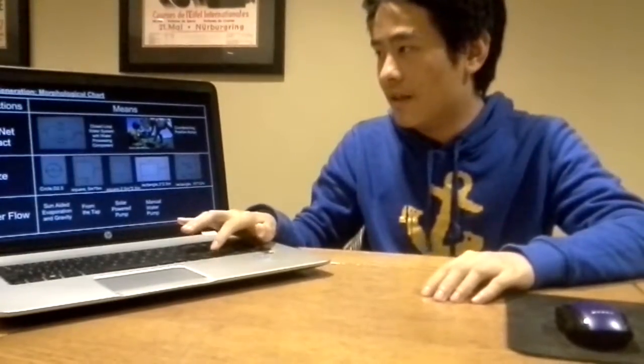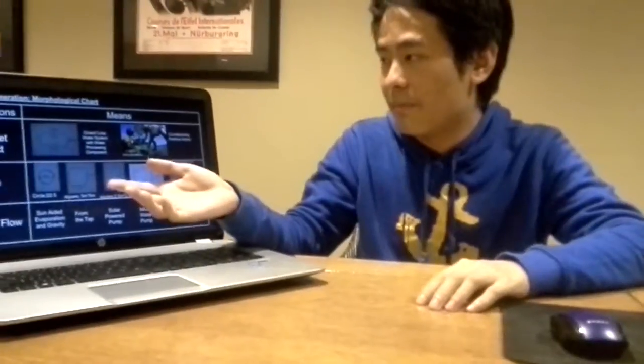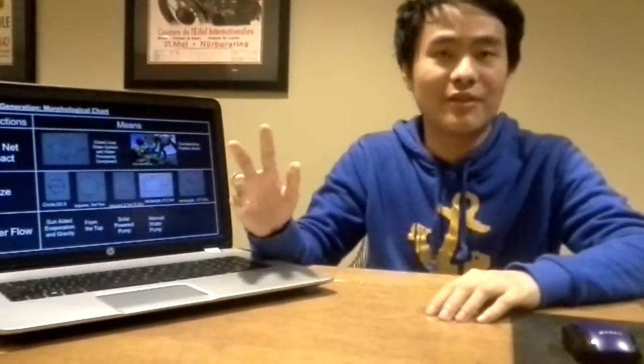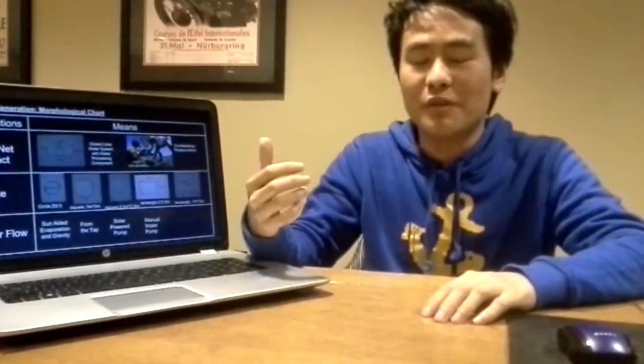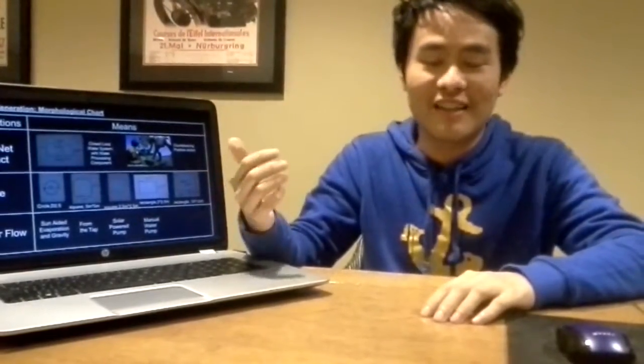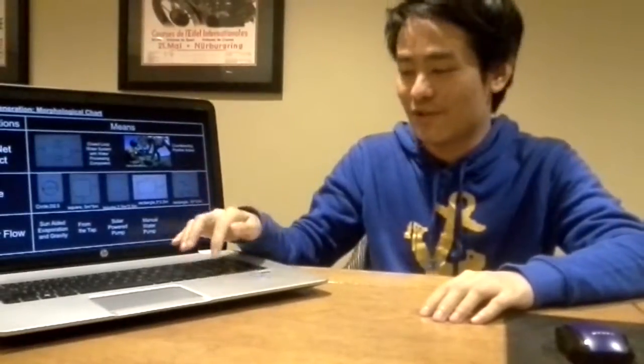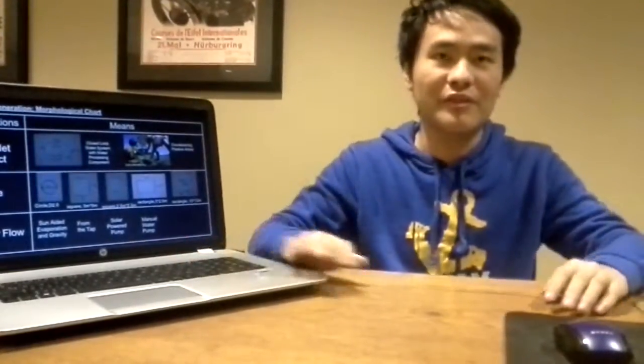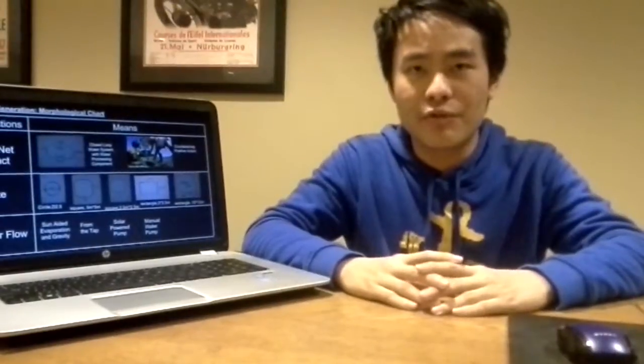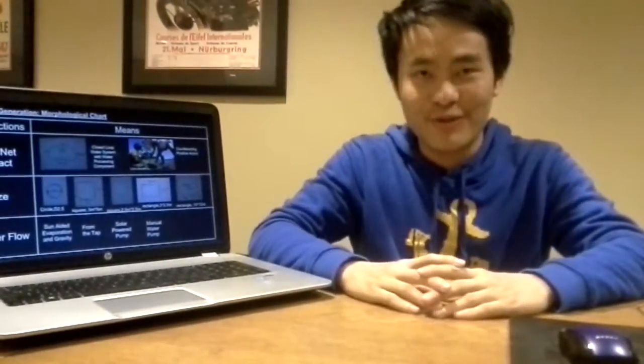This is still the morphological chart, for zero net impact. We have two ideas. First is a closed loop system. The second is using positive impact to counteract the negative impact, which we think is a brilliant idea and solution. Now we're going to let the rest of our teammates introduce their own solution ideas.